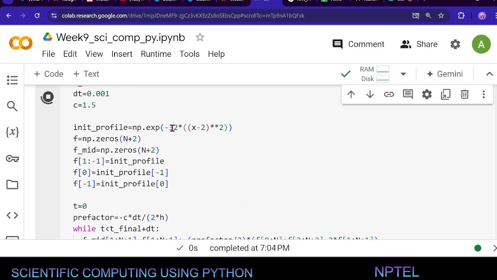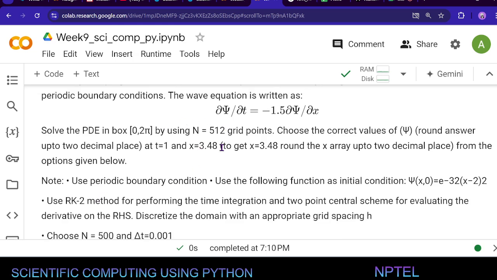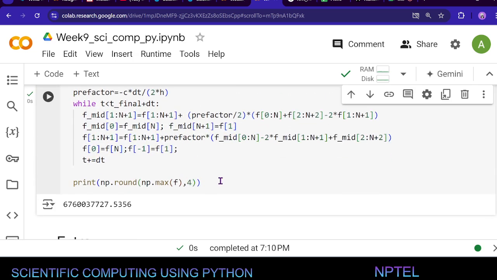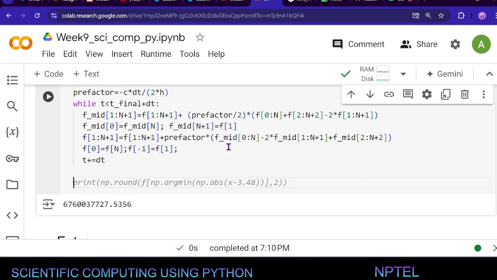Right, so let's run this. Of course, we have to find it at some weird point, 3.48. That will do. Okay, it gives some answer. But what we want is, first we want to find where 3.48 is.